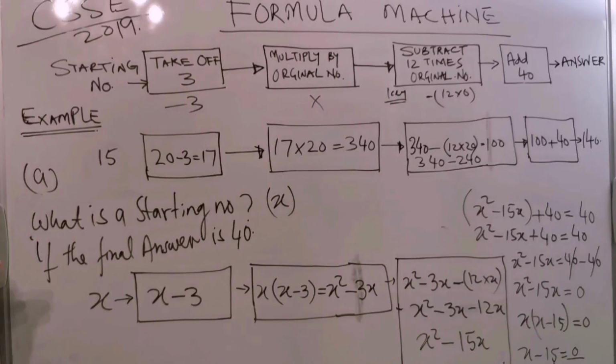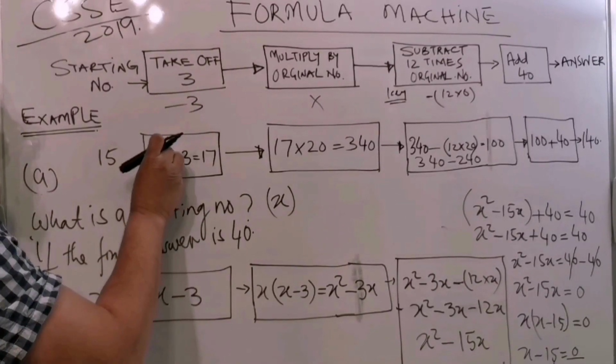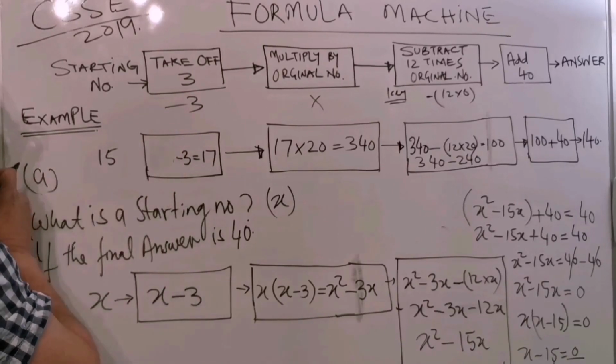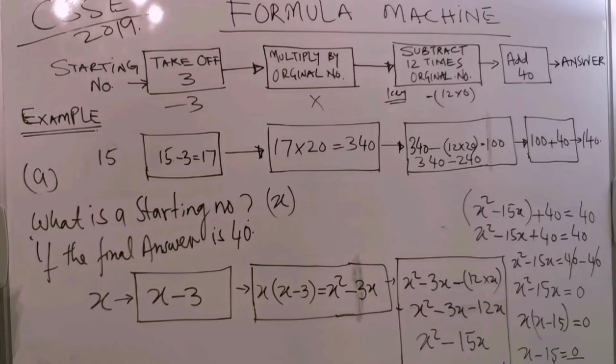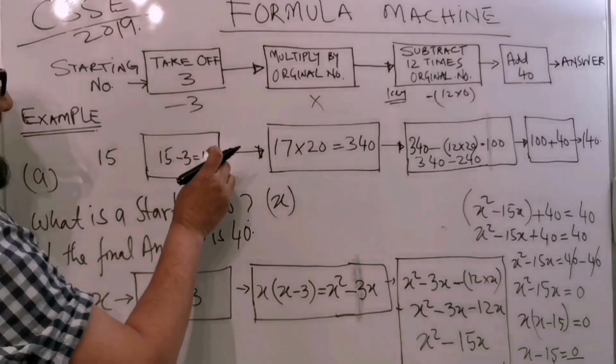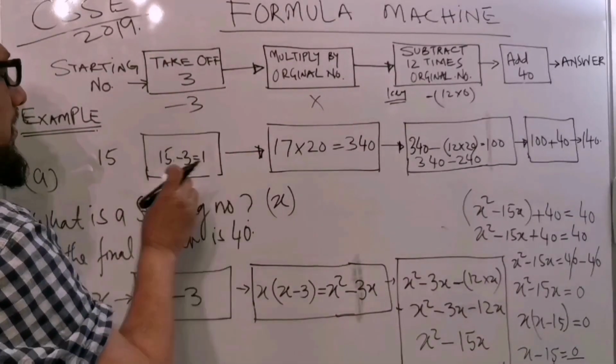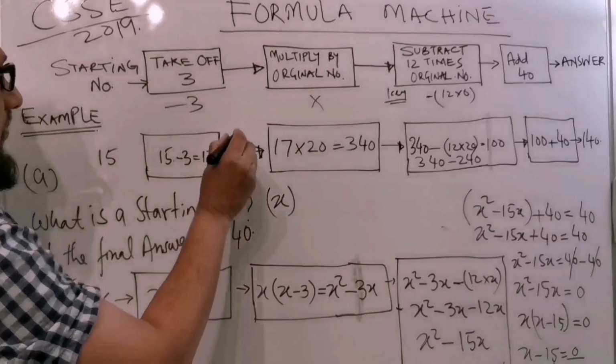We subtract 3 from it, so 15 take away 3 is 12.